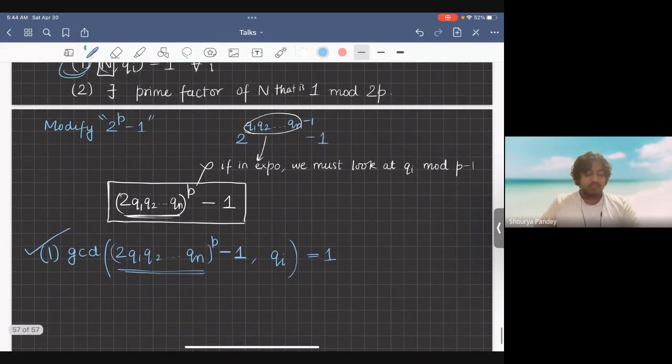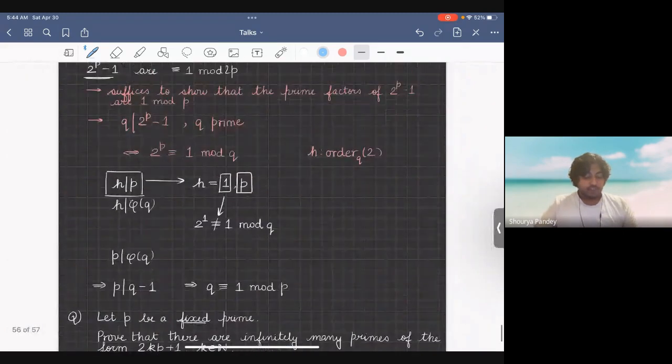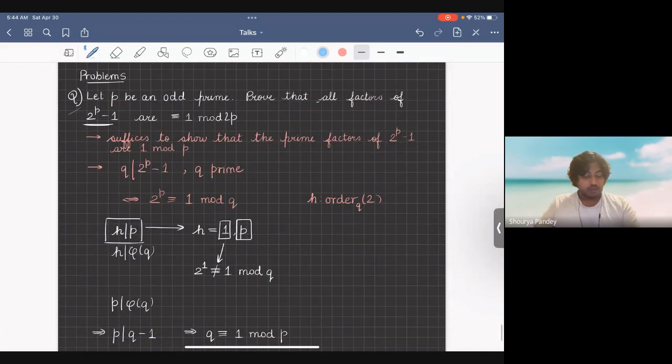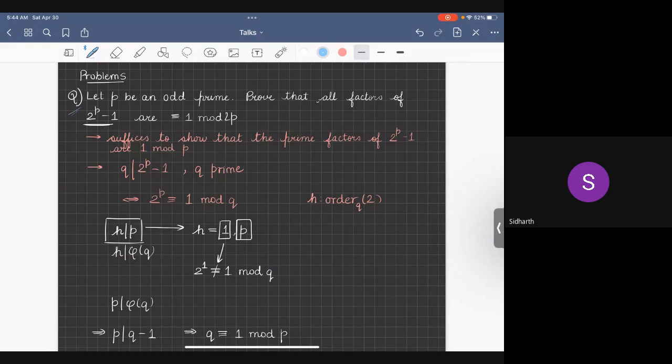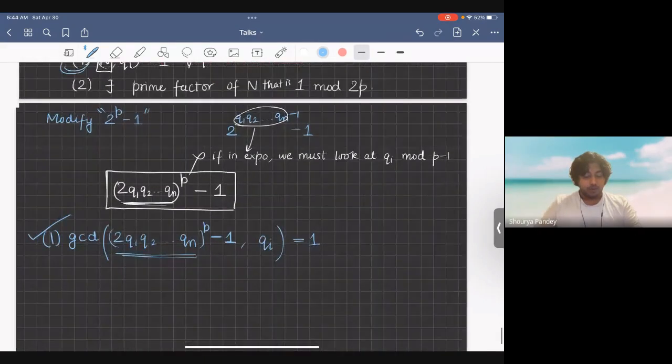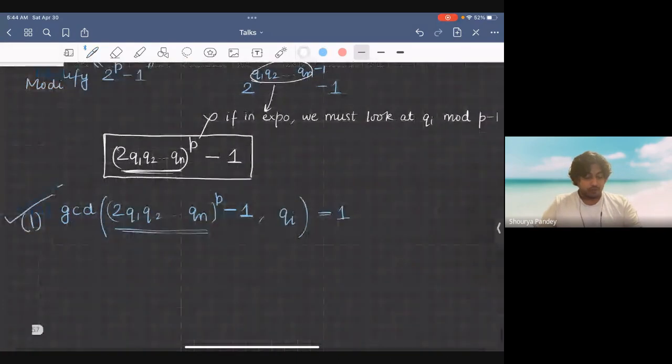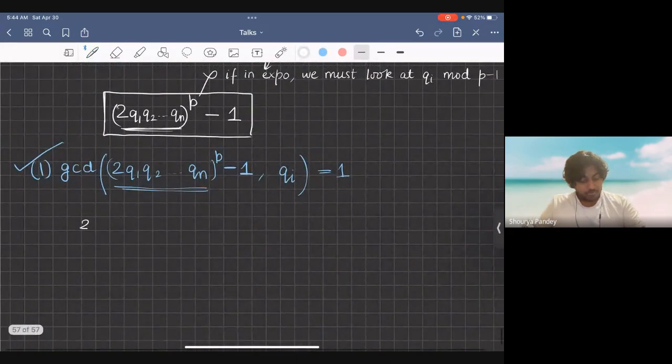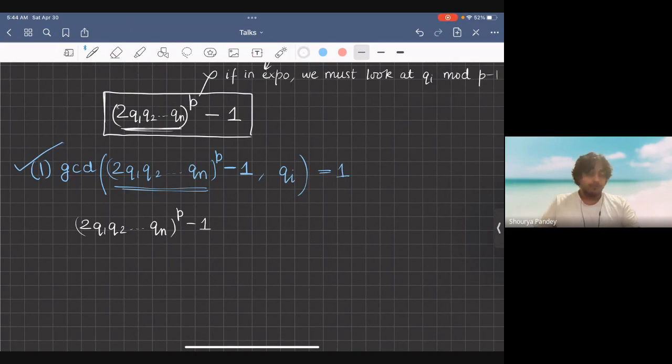What can we say about the second condition? Can we say something as strong as this, because the argument that h equals 1 comes back? Yeah, exactly. The point is, 2q1 up to qn to the p minus 1, very similar to what we did before.